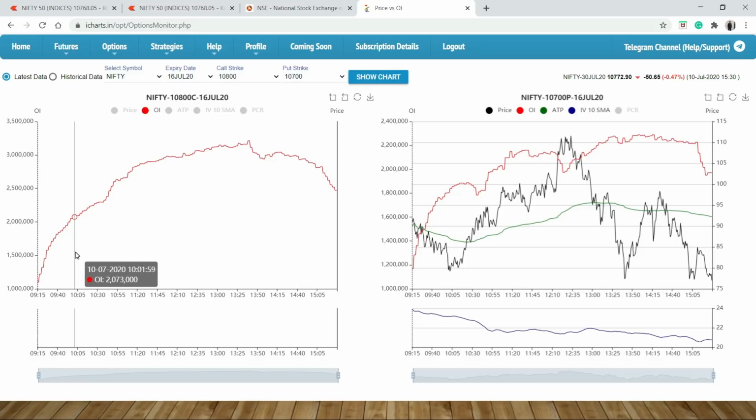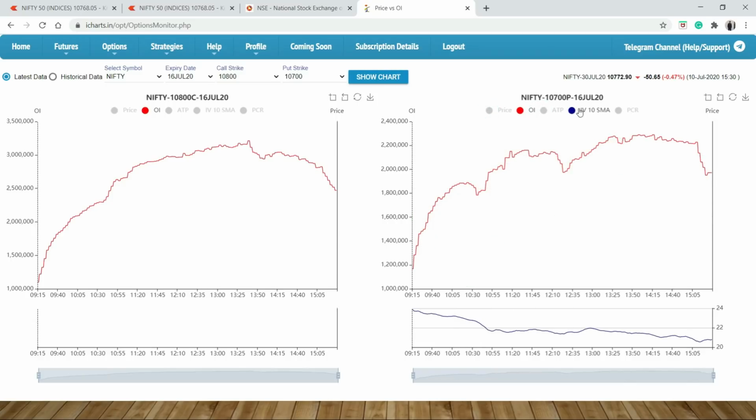So 10 lakhs in the call. So in the 10,800 call 10 lakhs writers added, and on the put side only 7 lakhs added.